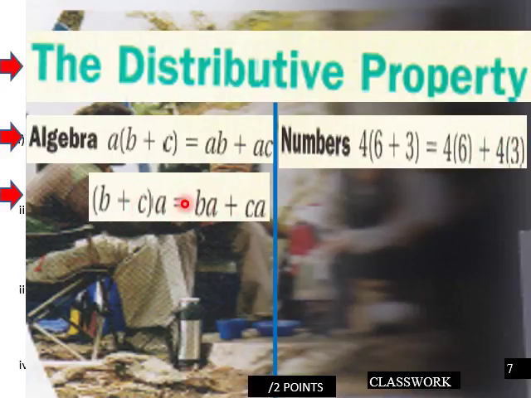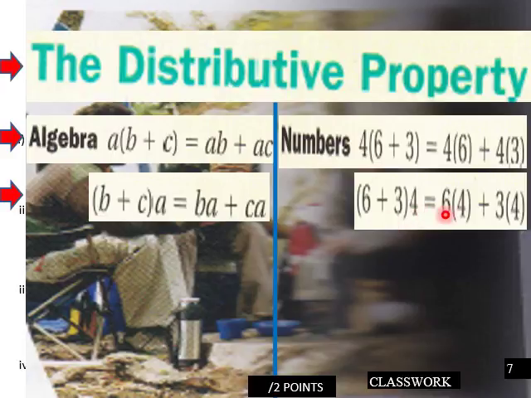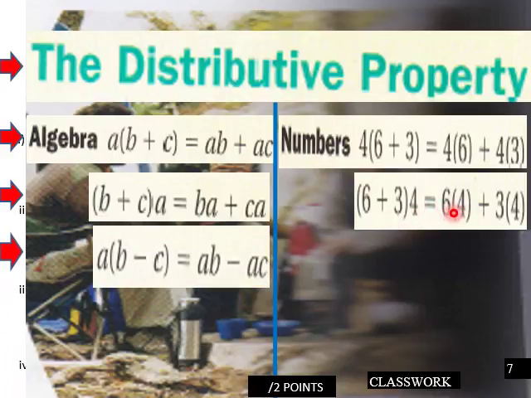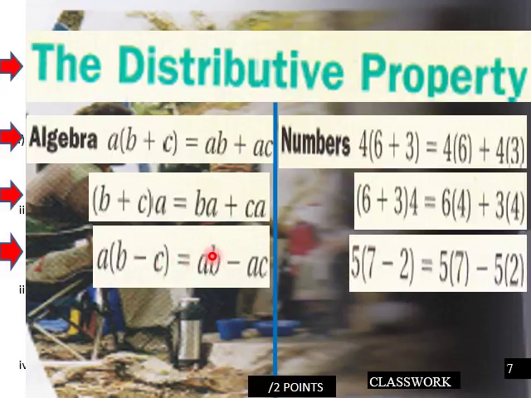Then here's another way of doing it, B plus C times A, and then we just do A times B and CA, or BA plus CA. Then this would be a numerical representation of that different kind of grouping. Then we have a difference here, and we multiply through the parentheses. Again, this is a numerical representation of this problem type.